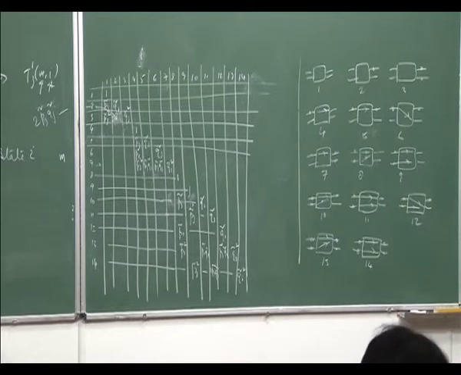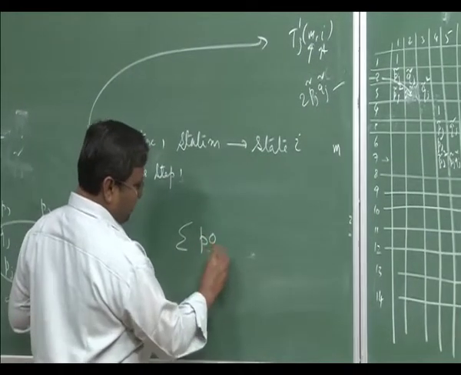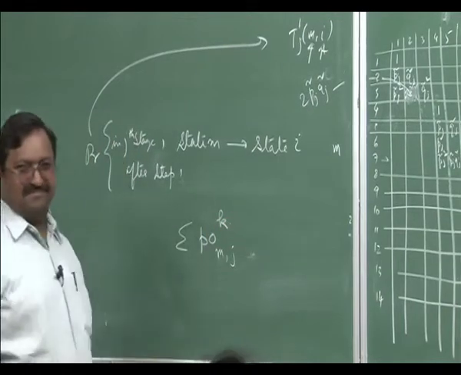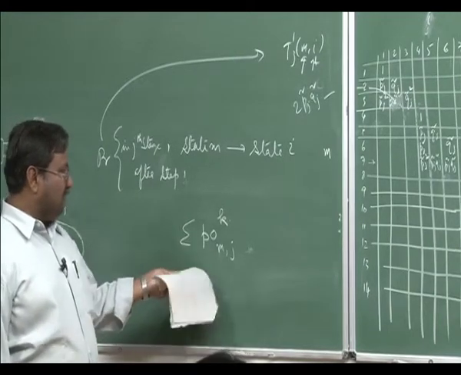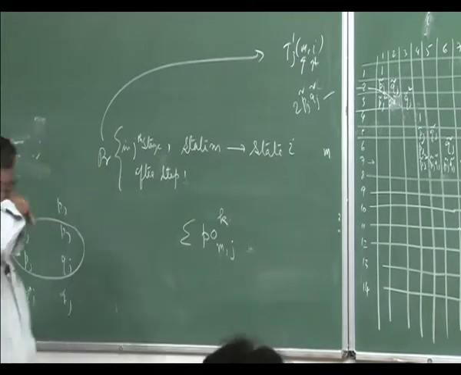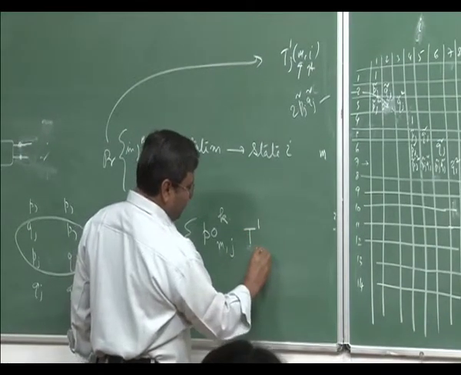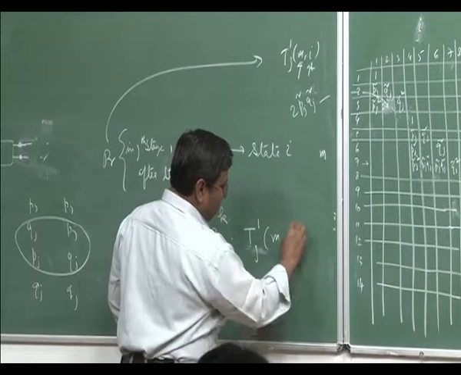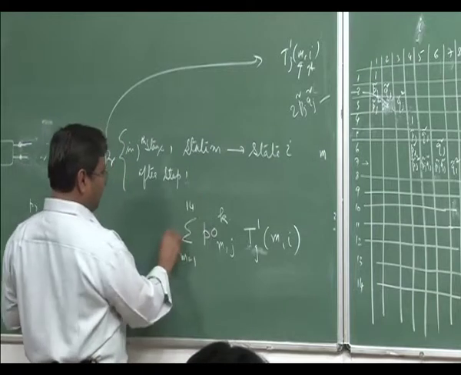Now, important thing. After 0 step, you know the probabilities. This basically is the beginning of the slot. You can multiply it by the transition probabilities after step 1, summing over all the probabilities.